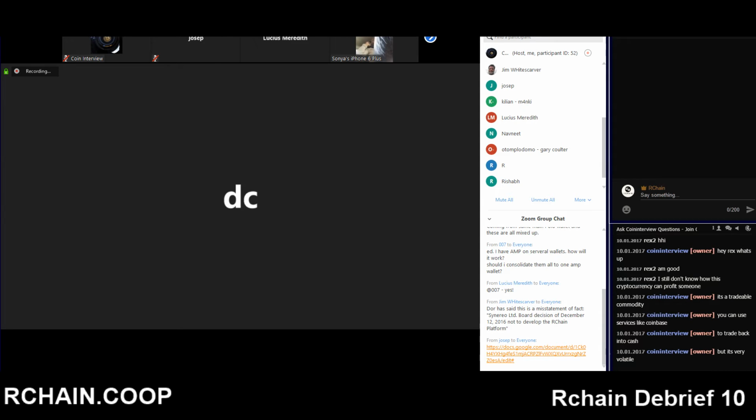So I've been looking at data structures which will allow us to represent the kind of program and state that we're going to be wanting to represent in RChain.